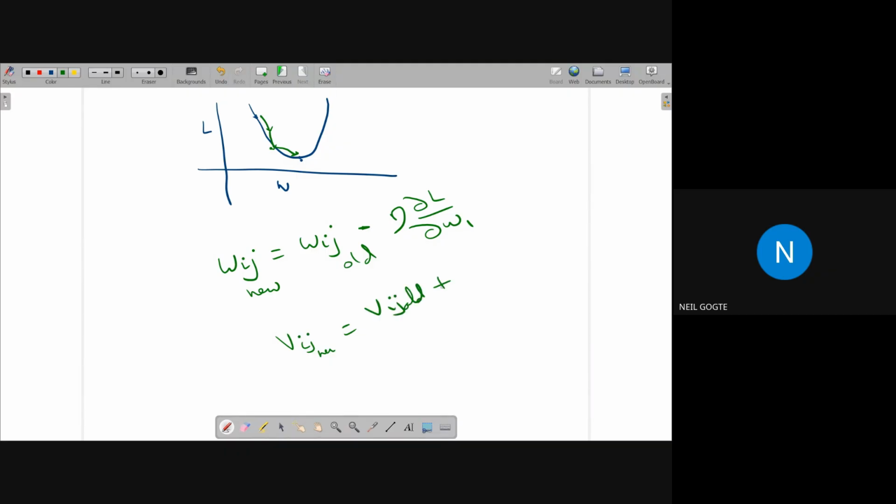Not plus, I think here we have minus. Vij new is equal to mu times Vij old minus nu times dou L by dou W. Then the weight update uses Vij new.